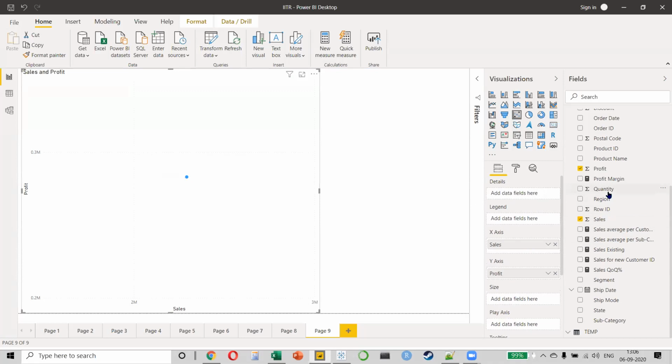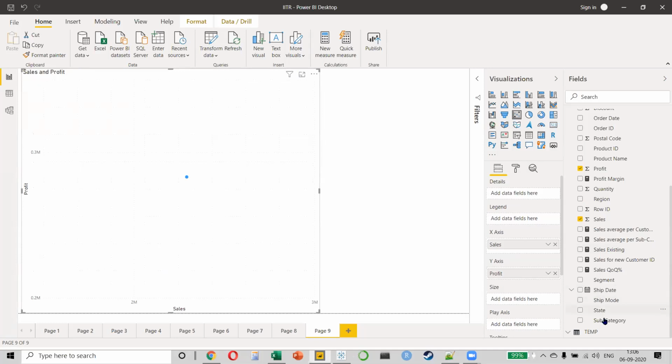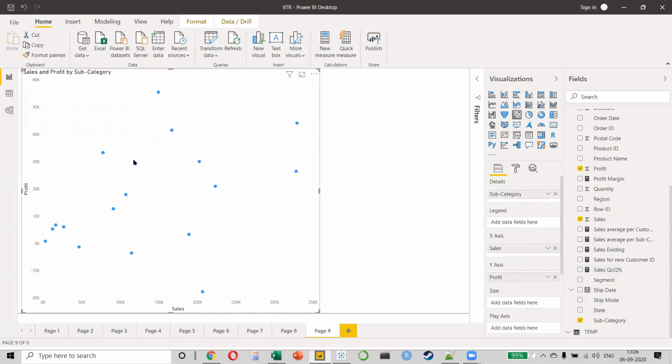So if I keep my region, what will happen? There will be 4 dots, right? So west, east, and so on. If I keep my subcategory, then there will be 17 dots because it will show me 17 subcategories. So what is it telling me? That if you look at phones are the highest on sales and profit. But if you look at tables, the sales for table is fairly good.